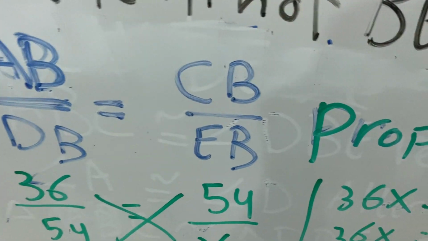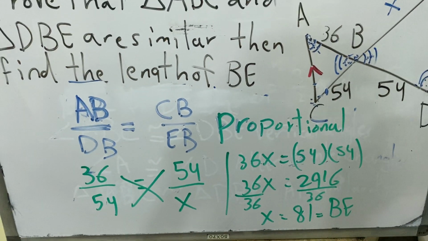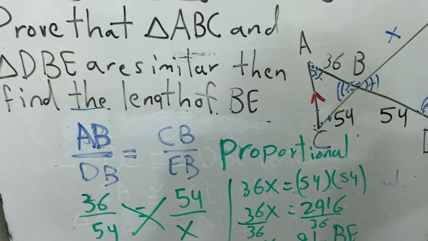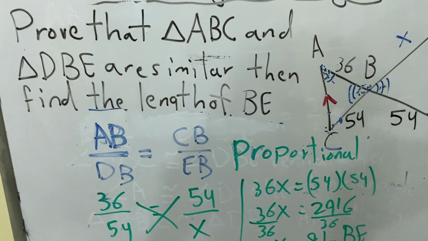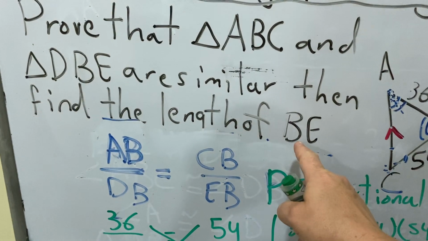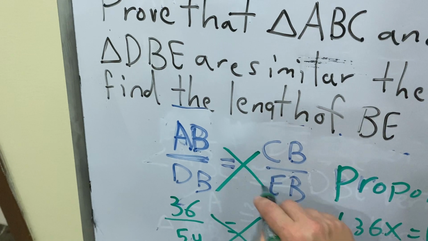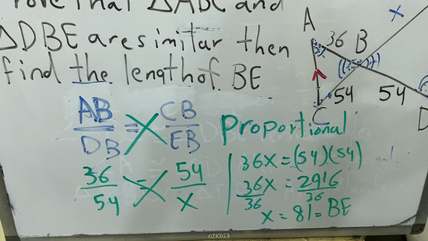So like this, I found BE, which he was asking about. Okay, so this question had two parts. The very first part was to prove that they are similar, and we proved it by angle, and then we found the length of BE by using the proportionality of sides of similar triangles. Okay, thank you.